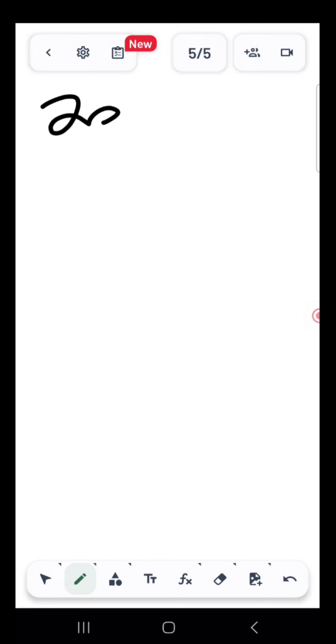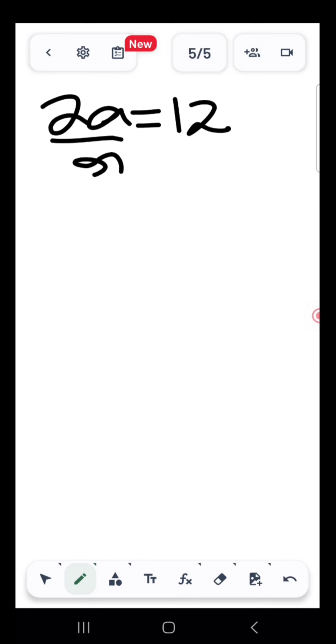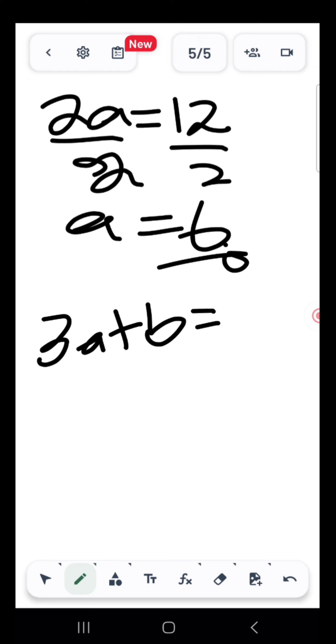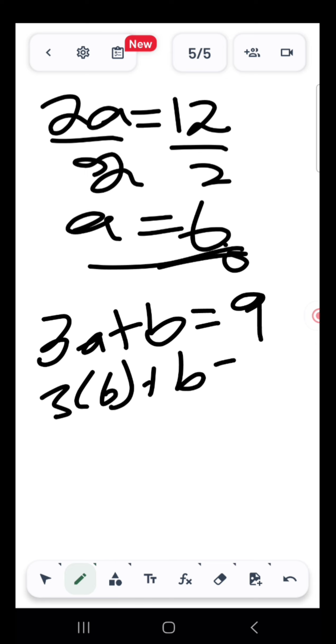So 2a equals 12. We're looking for a: divide both sides by 2, then a equals 6. Then we go to the second one, which is 9: 3a plus b equals 9. Substituting a equals 6, 3 times 6 plus b equals 9. 3 times 6 is 18.